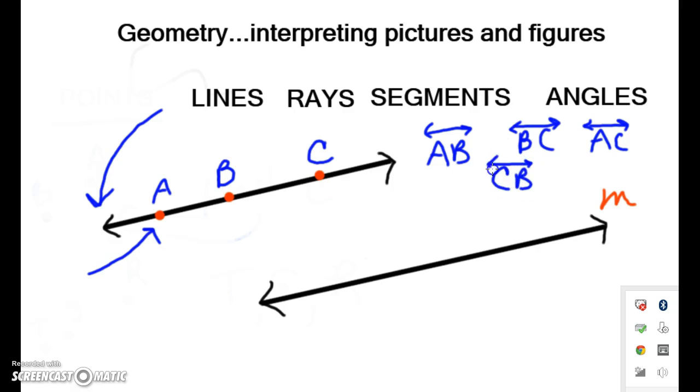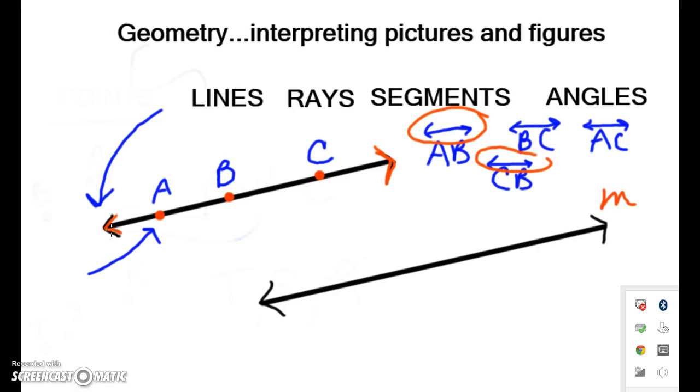I always put the little miniature line symbol above the letters that I use to call it by name. This symbol right here indicates that when I'm using those two letters, someone should look for a picture of a line with the arrowheads on it, and those particular letters. Any one of those names indicate the same line.